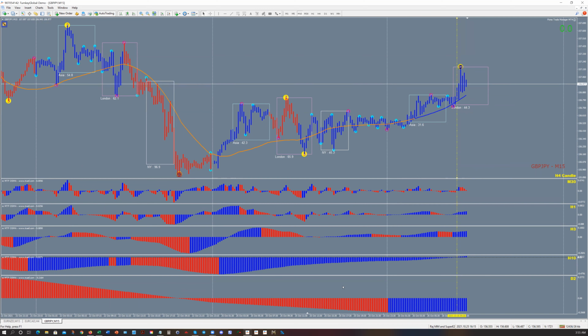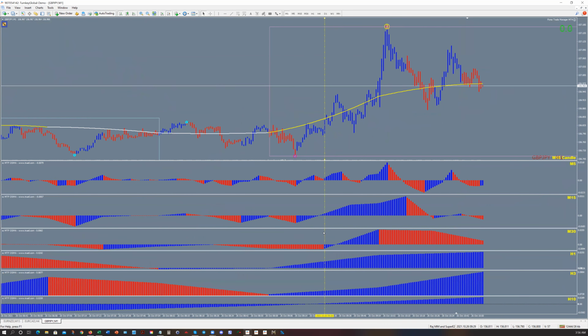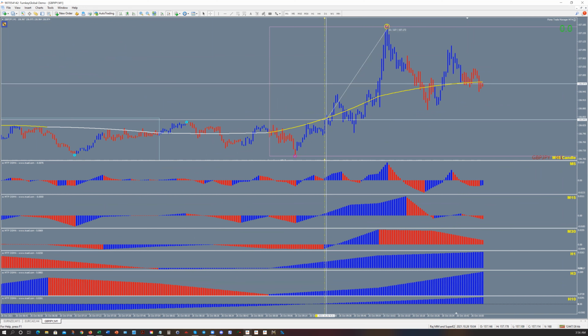So if I do the 1 minute, there's my entry. Here's my stop. 6 pip stop. 30 pip trade.